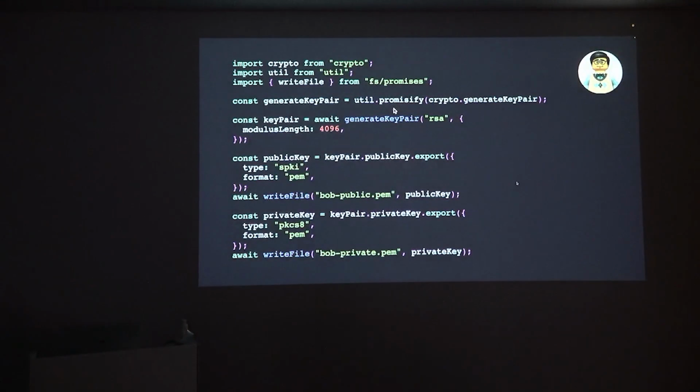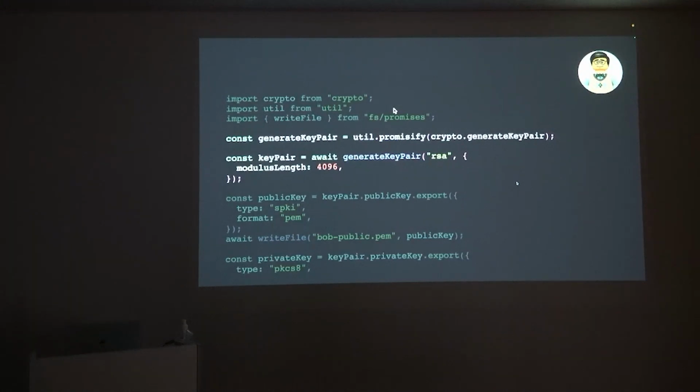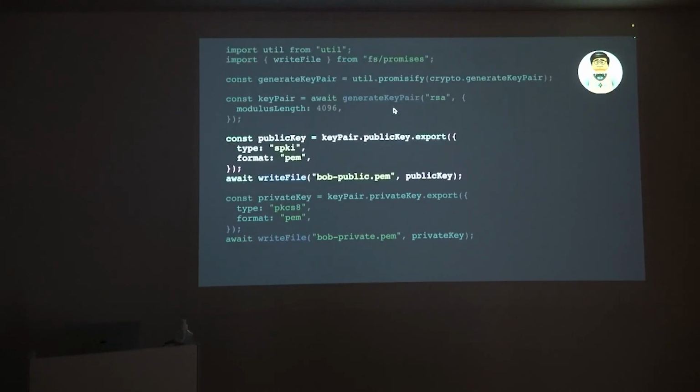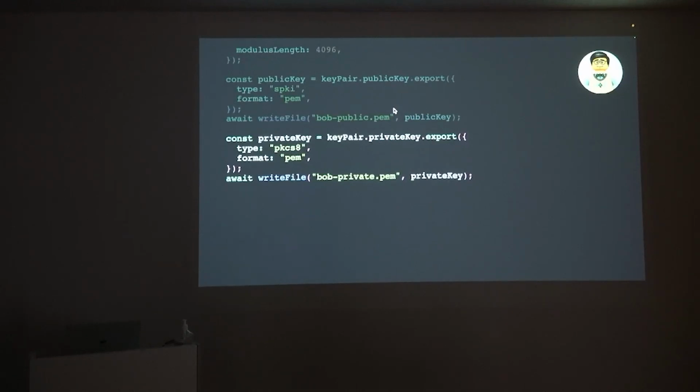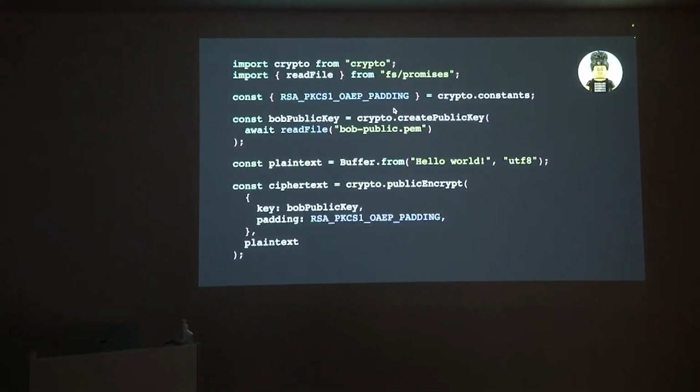Let's see how this is done in Node.js. First, to create the key pair, Bob can call the generateKeyPair function. Now he will have the two keys in memory, and for each one he can call the export function on it to save this to file using the standard way of serializing these keys, the formats. And he will keep the private key private and send the public key to whoever he wants.